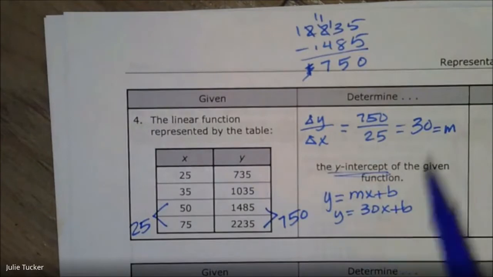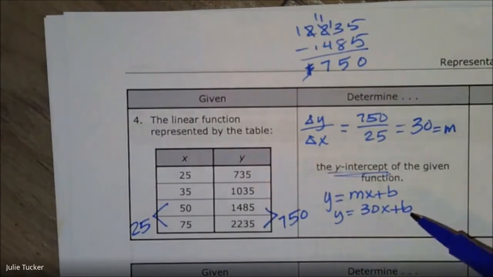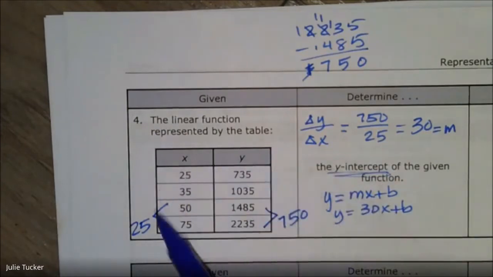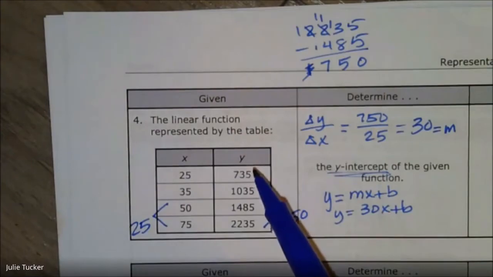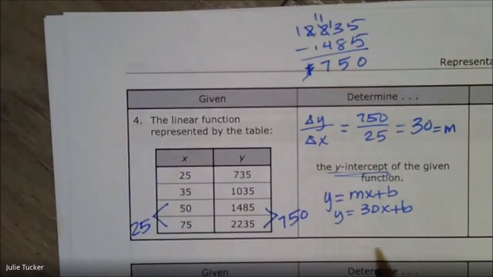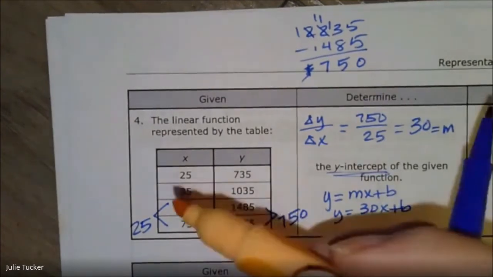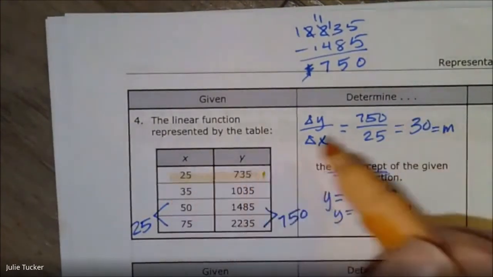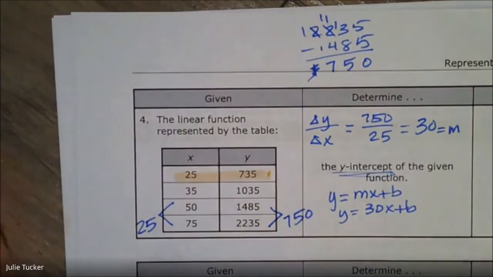So what we can do is solve this for b if we know a value to plug in for x and y. So don't we have a lot of x's and y's in the table? We can just choose any x and y we want and it will be true. So I'm just going to do the one with the smaller numbers.